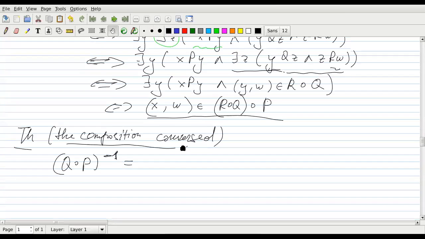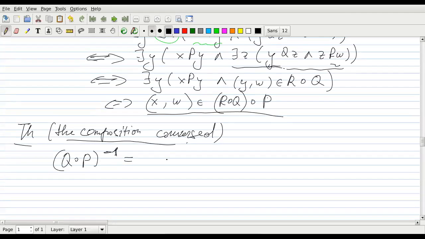What do you think? Use your intuition. It is the converse of P, composition converse of Q. Aha! That is the composition of converses in the reverse order.